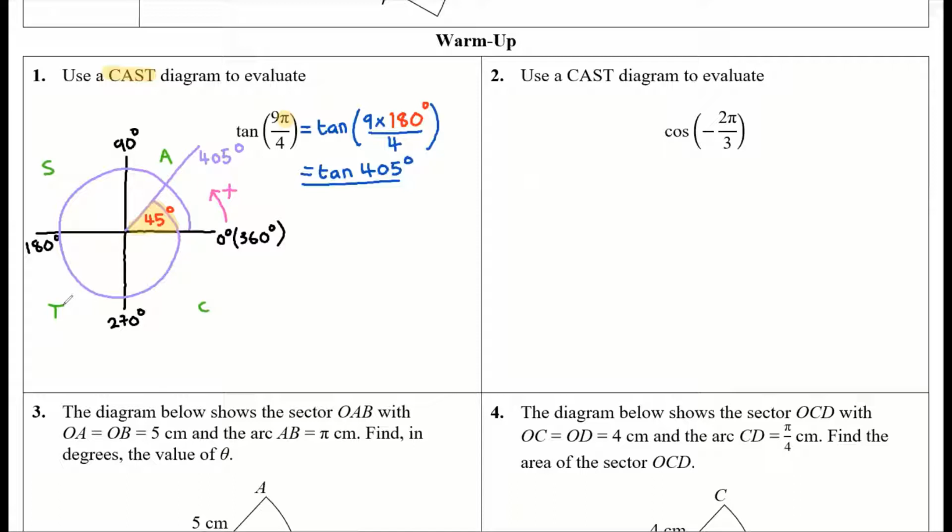So from the cast diagram, we can see very clearly now that the tan of 405 is simply equal to the tan of 45 degrees. Okay, because in quadrant A, tan, sine, and cos are all positive all the time. We need to find out what tan of 45 is now.